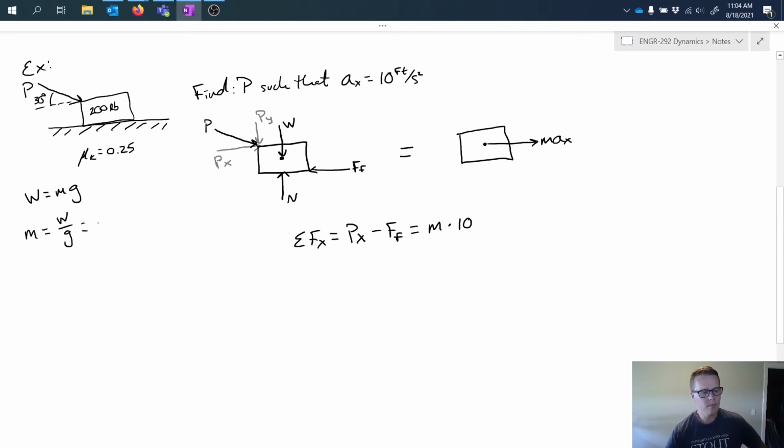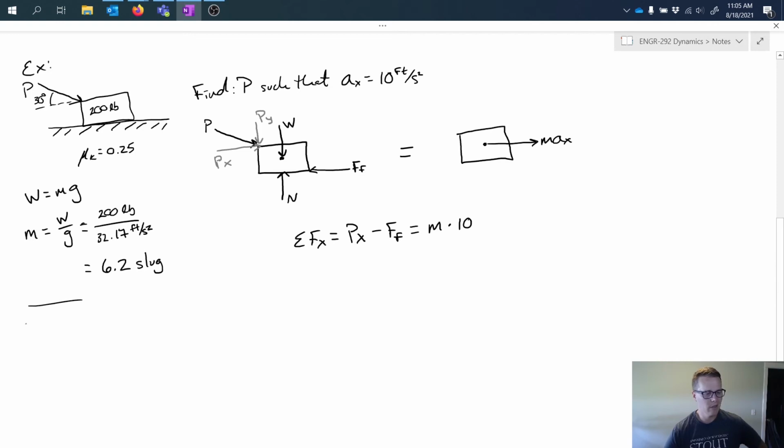So I can go ahead and take my 200 pounds, divide it by my 32.17 or 32.2, depending on how accurate you want to get. Everything in engineering is an approximation anyways. And I'm going to get 6.2 slugs, or nice fancy unit of mass.